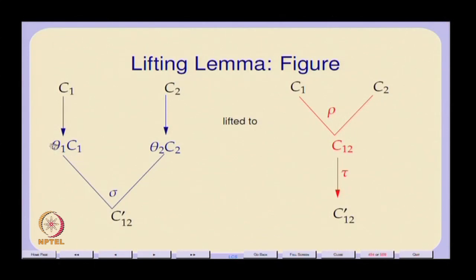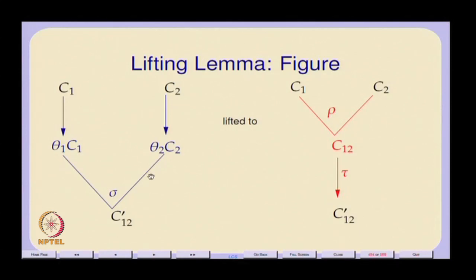So, this can be lifted to doing a resolution on terms with variables and then doing a ground substitution tau to get C prime 1 2. If theta 1 and theta 2 are ground, such that theta 1 C1 and theta 2 C2 are variable free, then you can do propositional resolution.